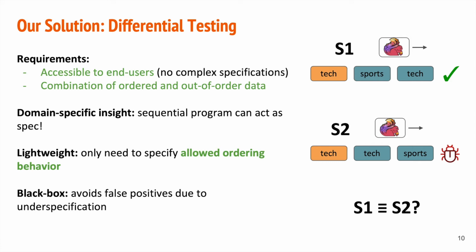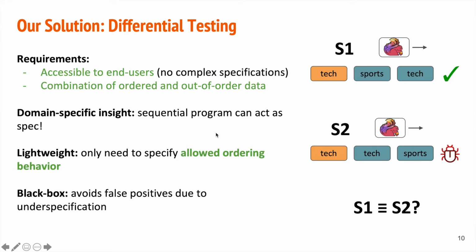For our solution, we make a domain-specific insight here, which is that we don't want to have a complex specification, but the stream processing domain is actually special in that we already have most of a spec, and that is the sequential version of the program. So you've already written the correct sequential program, and the only question is, is your parallel program correct with respect to that one?